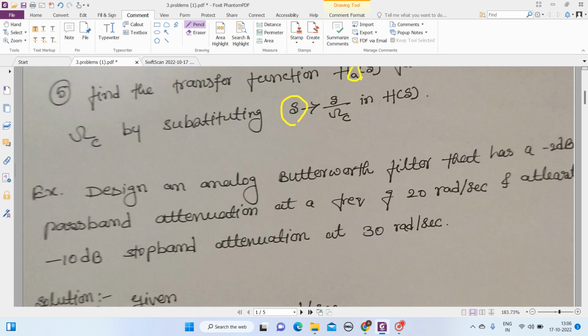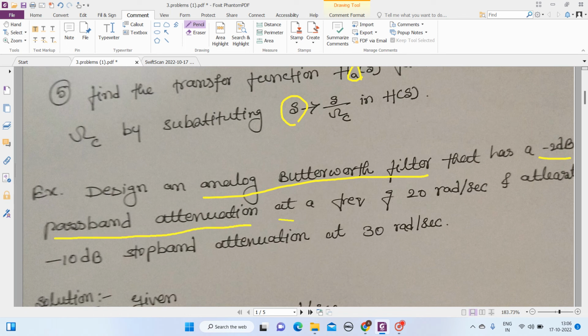Okay, so now we will discuss one problem. You will get this problem for 7 marks in your exam. Design an analog Butterworth filter that has a -2 decibel passband attenuation.